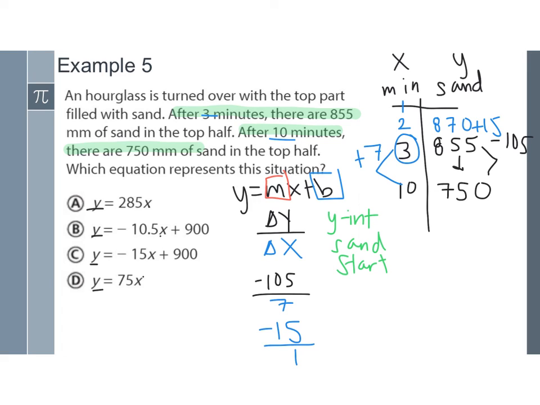At 1 minute it would have another 15 millimeters of sand, so that's 885. And if we want to find what it started with, we've got to go to 0. So we add another 15, and that's going to be 900. So our y-intercept is going to be 900, which now we know C is the correct answer.